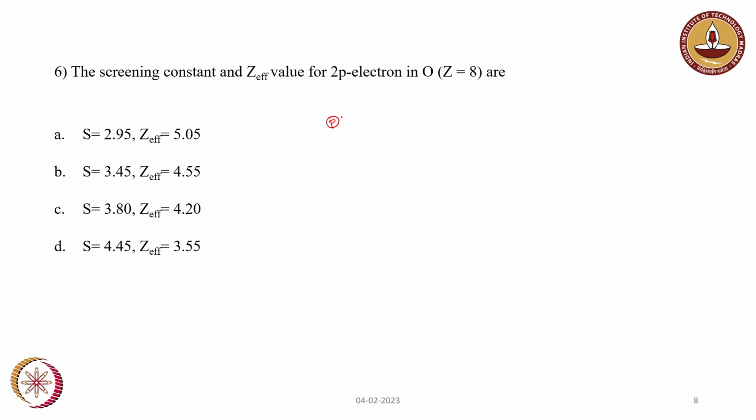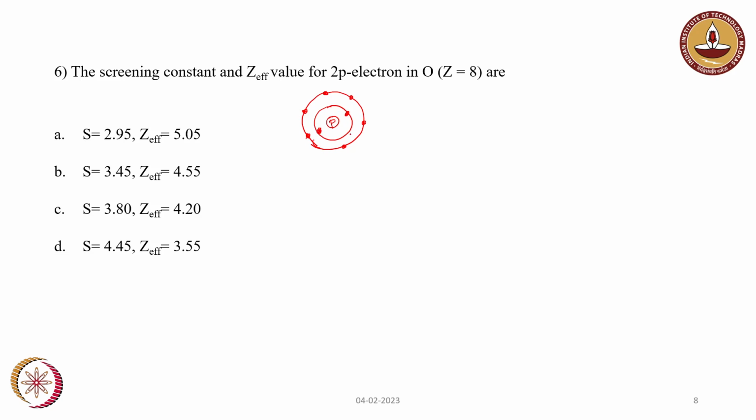Normally it will be the atomic number, and the nucleus will be surrounded by electrons.